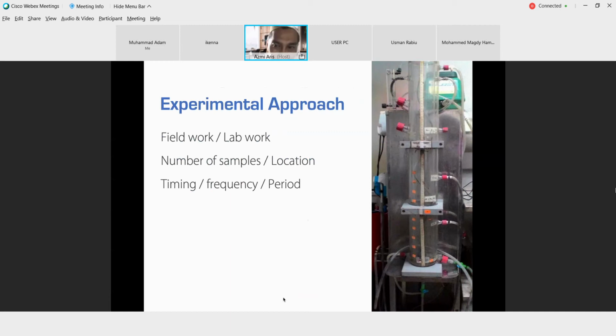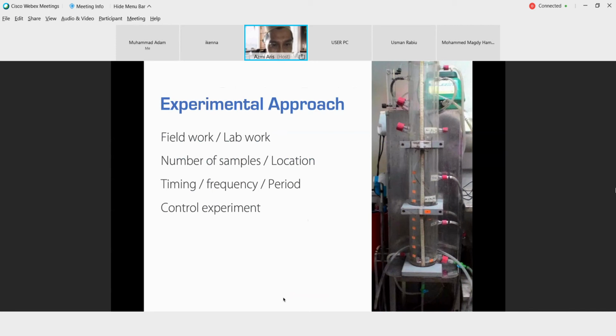How long should I let my experiment run? So all those actually you will know from your literature review. Your literature review, previous studies, people write their methodology, they write their procedures, then you can learn from them how to do your work with or without modification.